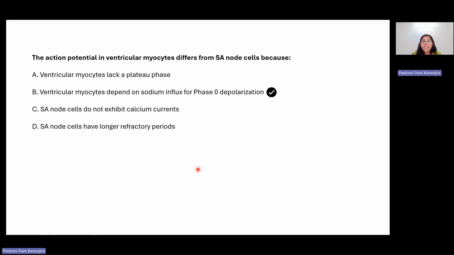The ventricular myocytes depend on sodium influx for phase 0 depolarization. What does that mean? It means that it needs external stimulation, right? That's what we discussed. Okay, next.